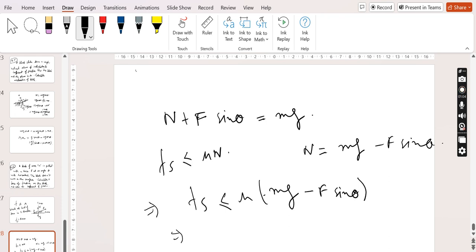Fs, which is static friction, is basically F cos theta. Put that into this.